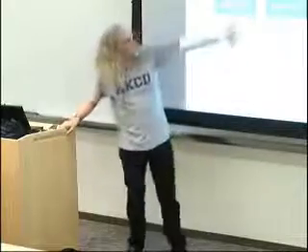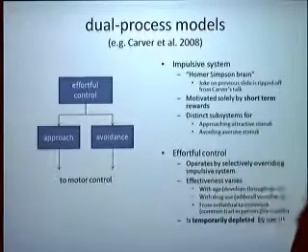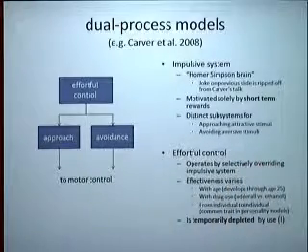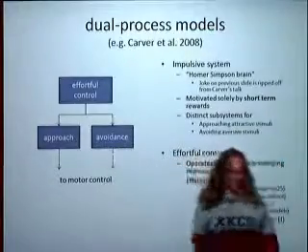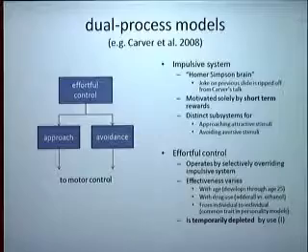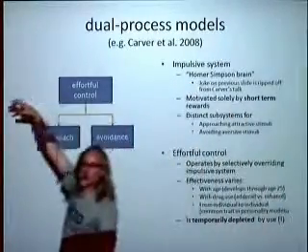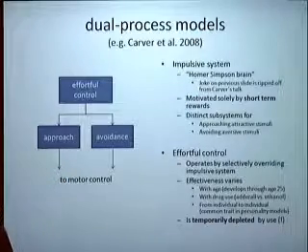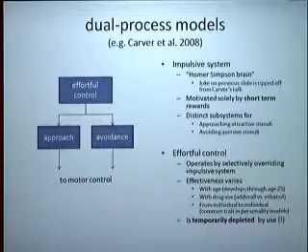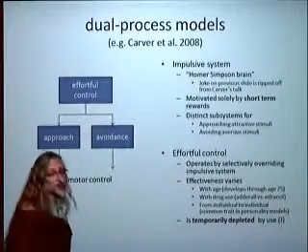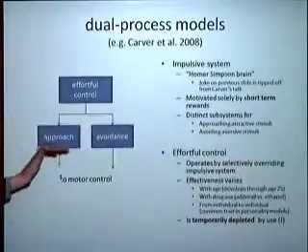The impulsive system is sometimes called the Homer Simpson brain. It's the system that says, donut. That's the approach side. It's also the system that says, I don't want to do my homework. And then the effortful control system is the system on top of it that reaches in and overrides it and says, no, you have to do your homework, or no, you shouldn't eat that donut because you already ate 5 of them.